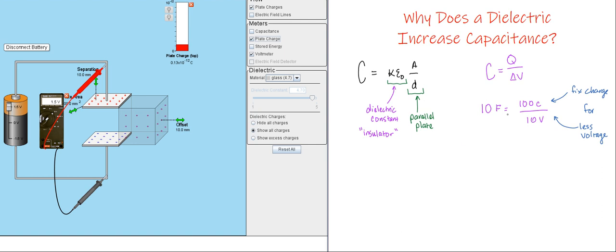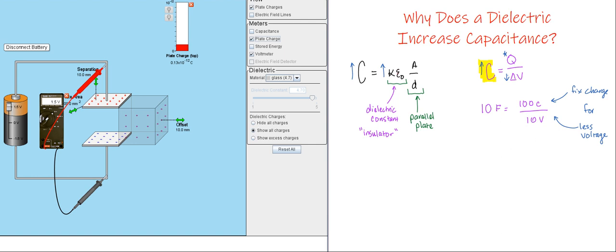What's going to happen here is ultimately the capacitance is actually changing when I increase this value. If I increase the kind of insulator or the amount of insulation between the two plates, the capacitance goes up, and I can keep the same amount of charge and use less voltage because the capacitance has gone up. Just recall that this value over here is what determines the amount of voltage needed for a given amount of charge.